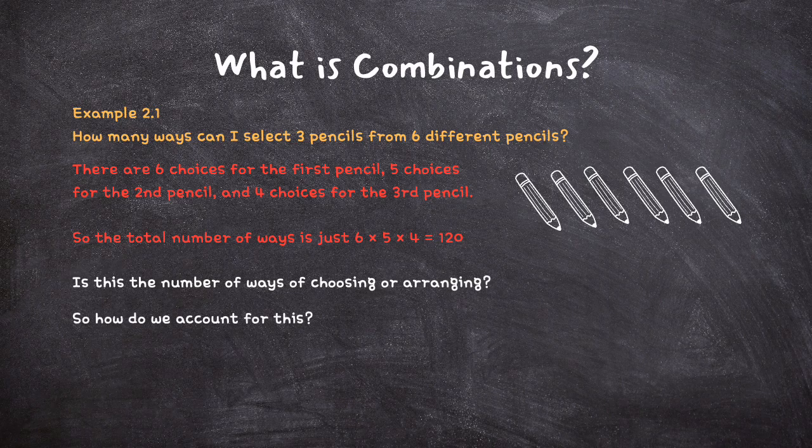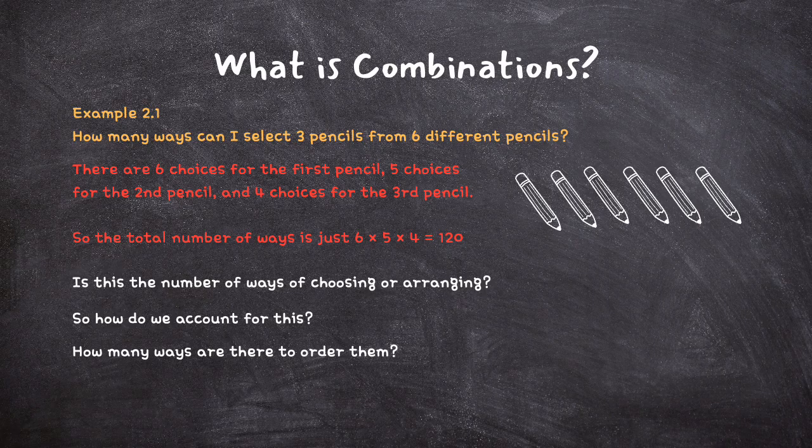And how many ways are there to order them? Okay, so for the first question, is this the number of ways of choosing or arranging? Remember that we are just selecting 3 pencils, so the order doesn't matter. Therefore, we are overcounting many cases.